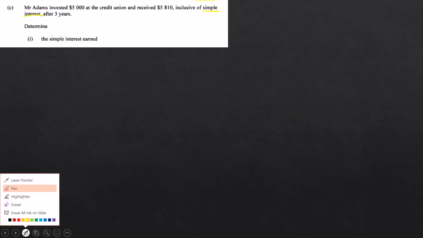Now, as soon as you see anything that has to do with the word simple interest in any problem, you need to remember this formula. This formula will always save you once you know it. Simple interest is always PRT divided by 100.